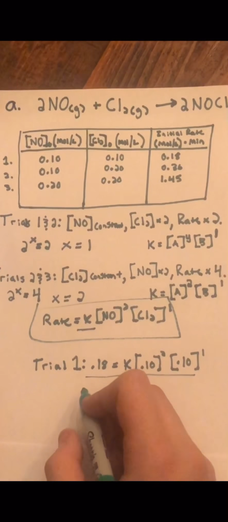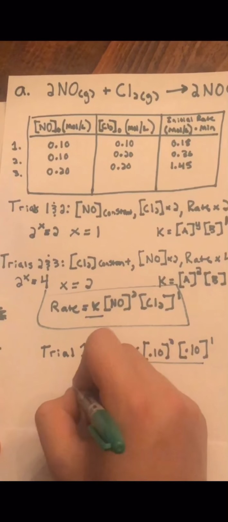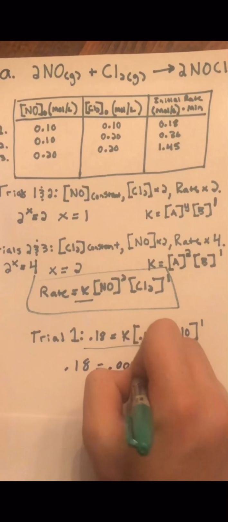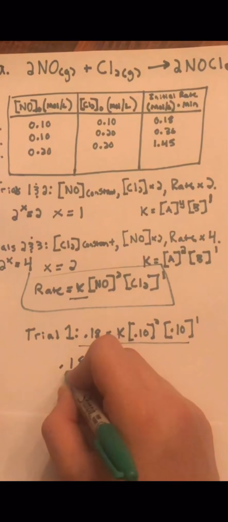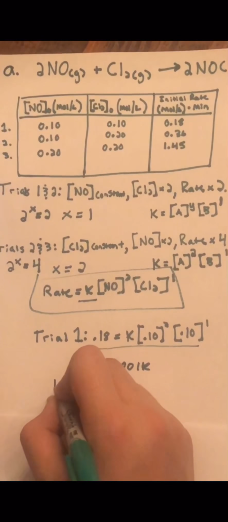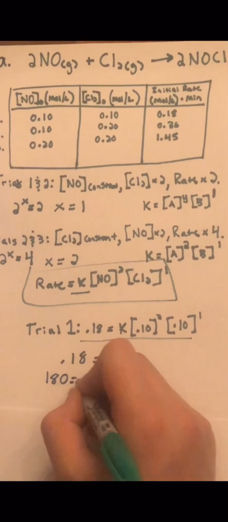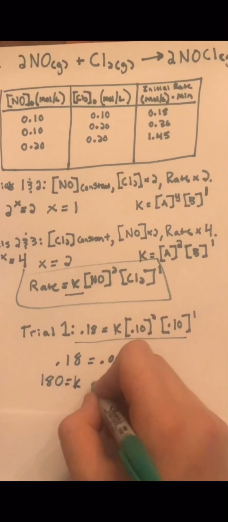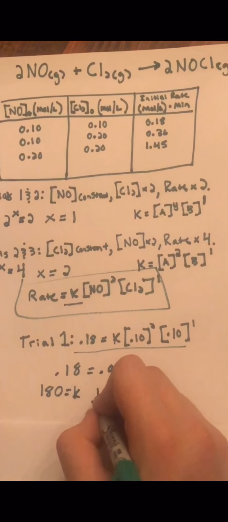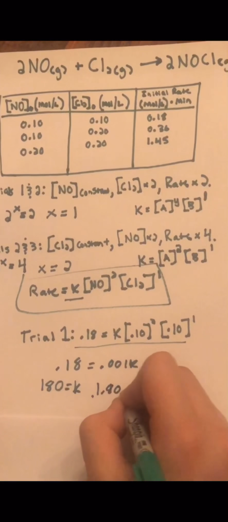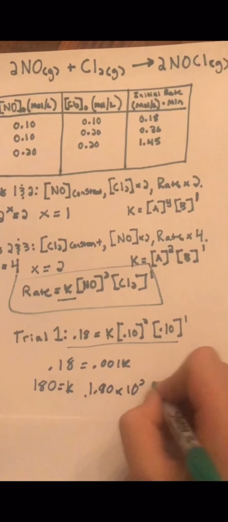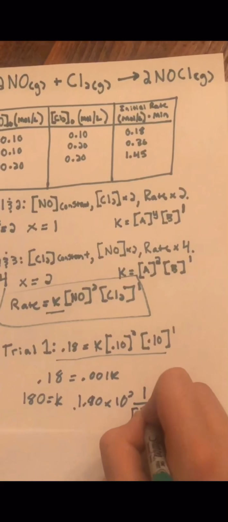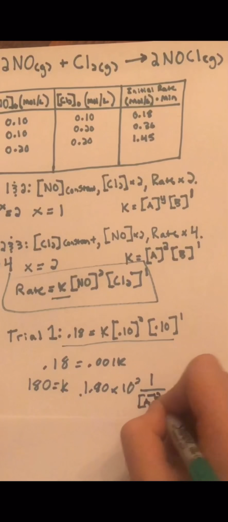When you solve for K, we can see that K equals 180, or 1.80 times 10 squared, 1 over M squared times s.